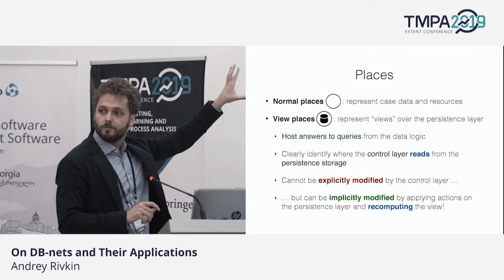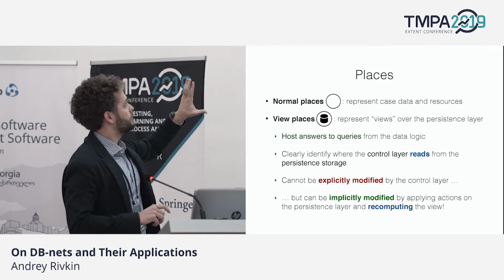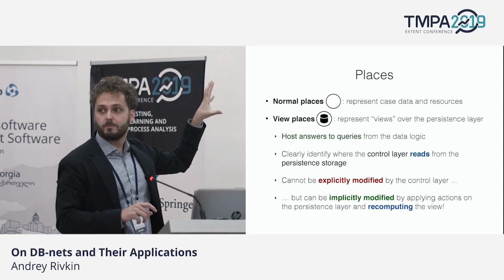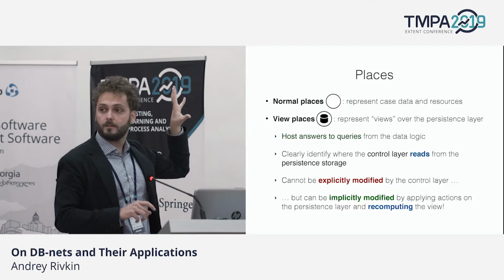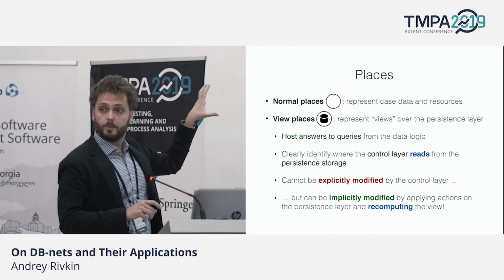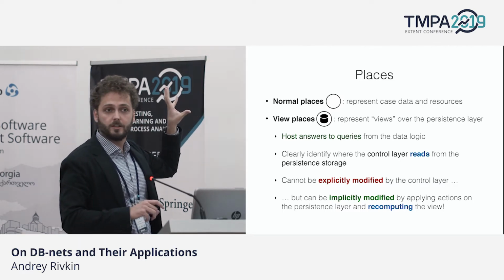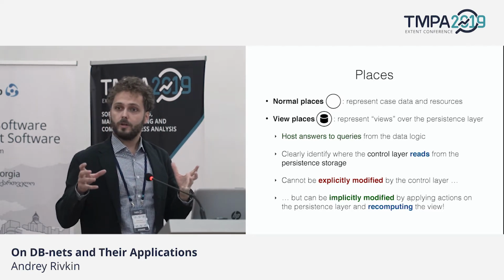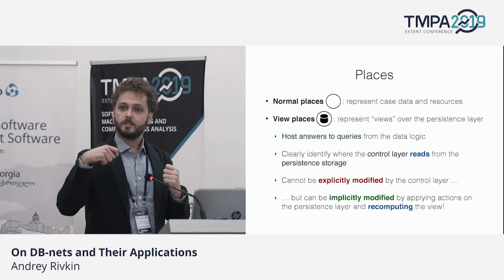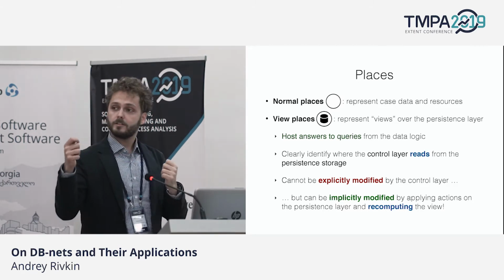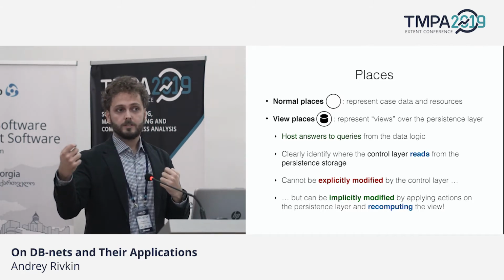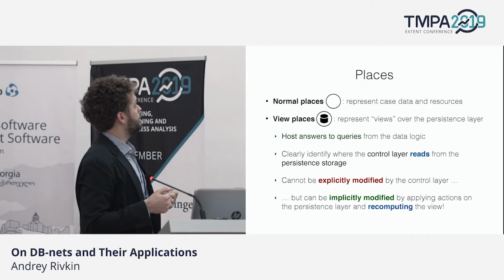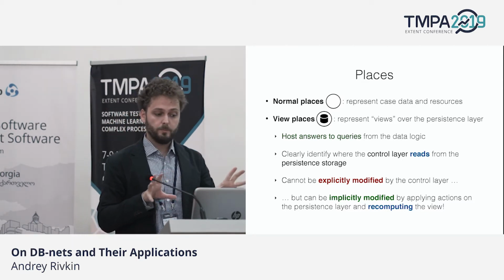Let's talk about all the elements of the control layer. The first elements are usually places. We have normal places that represent case data and resources. We have view places, which are views on top of the database. We assign queries to these view places, and via those queries they reference the actual state of our database. What can we do with these view places?